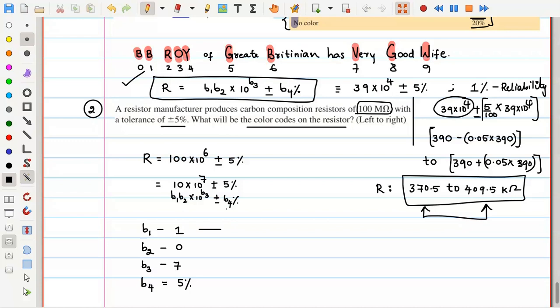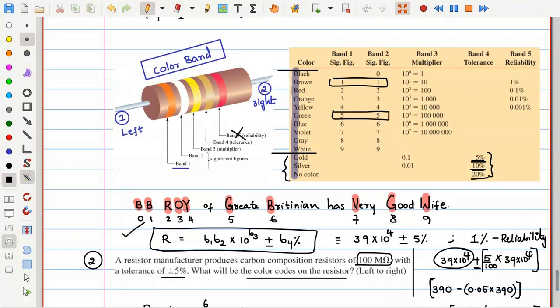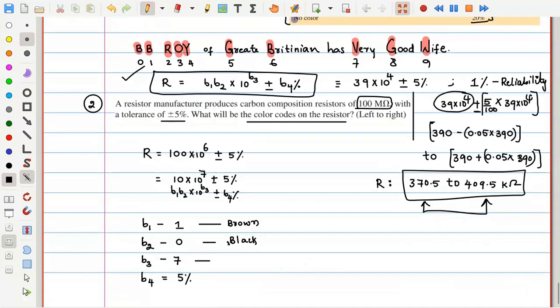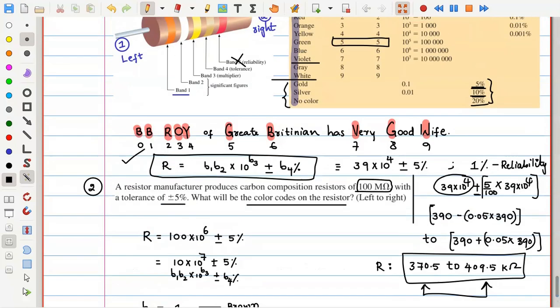Black is 0; we said we start with black, so don't get confused here. What about 0? Black. What about 7? Violet. 7 is violet. And 5% means gold.